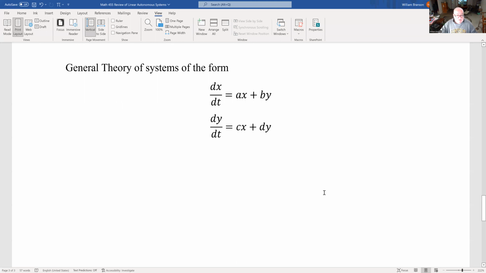So generally, when we have a system of this form, right? So it's nice and linear. There's nothing fancy going on here. We just have four variables.